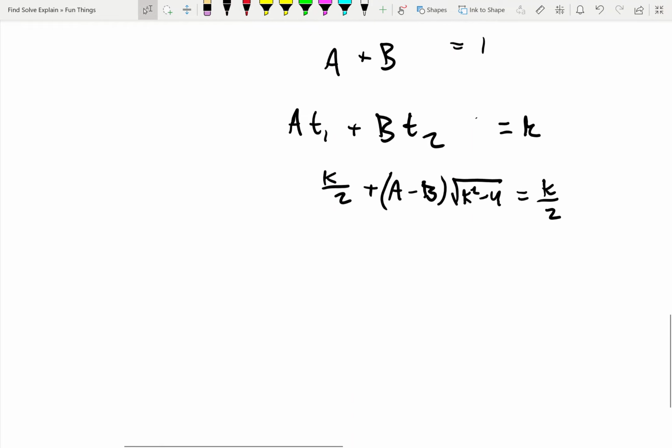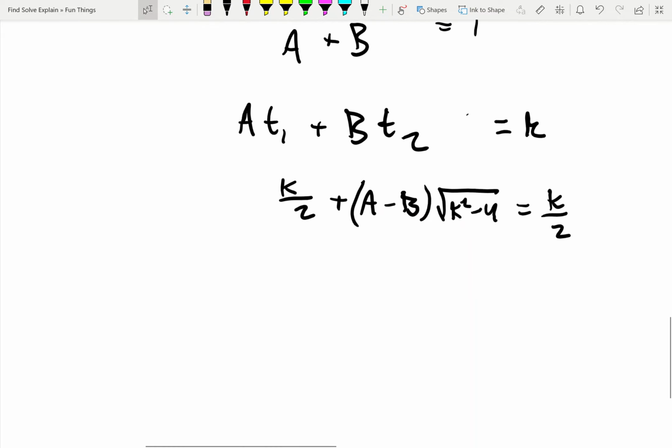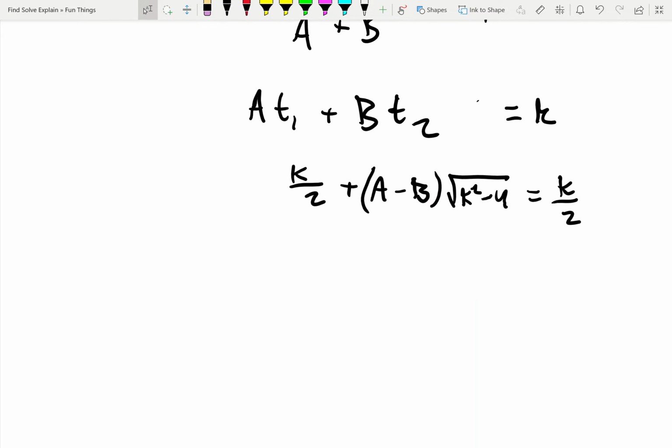From this and careful application of the first principle of a plus b equals 1, you are actually able to get formulas for a and b.